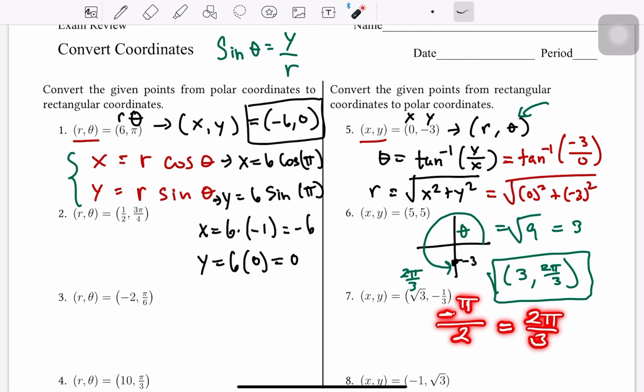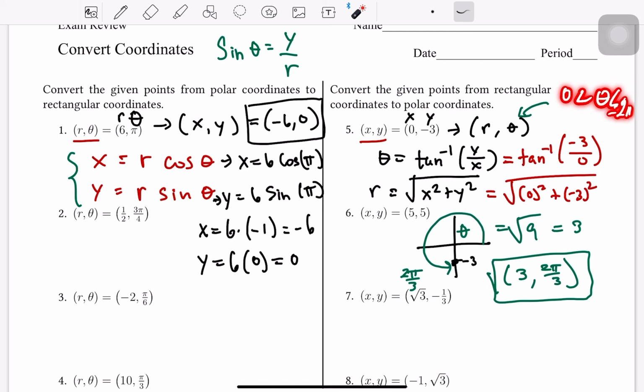I can't speak for everyone on whether negative pi over 2 is going to be accepted. Sometimes people who are grading won't dock you for it, but if it does say something like this in your instructions, and this is something of this form, consider that your solution is going to be between 0 and 2 pi, right?